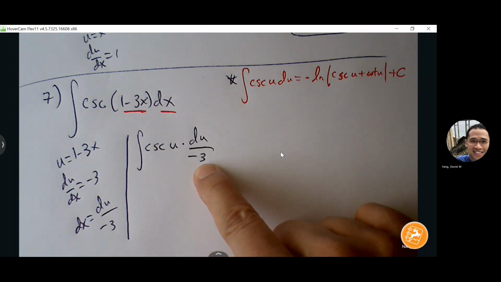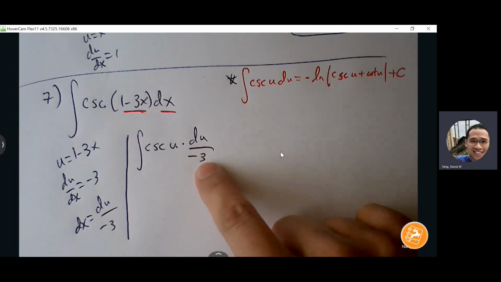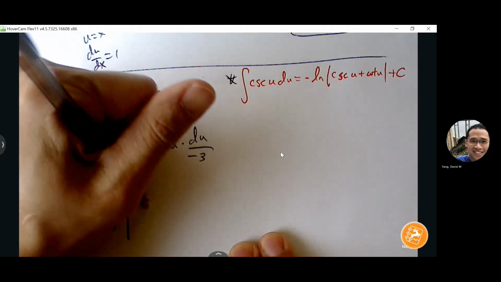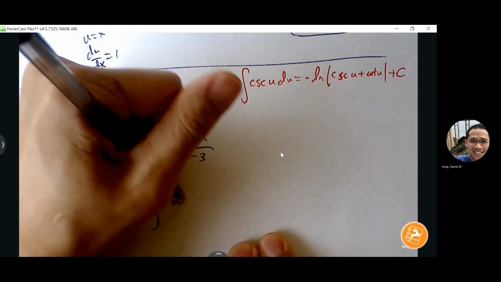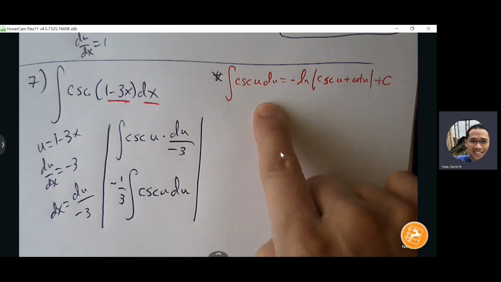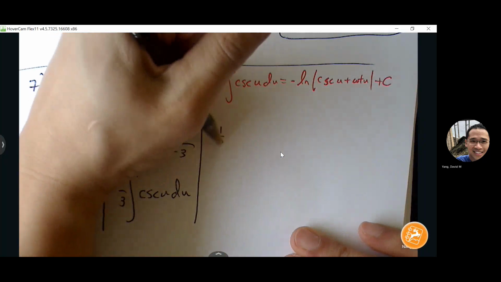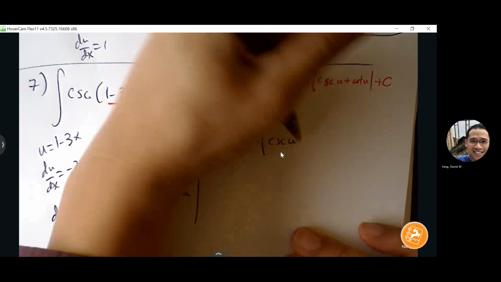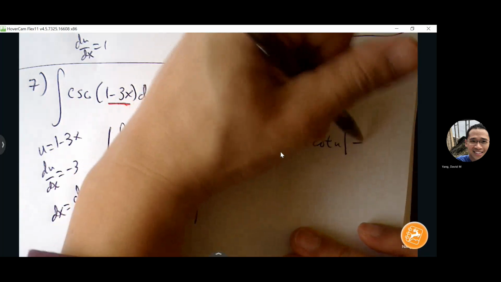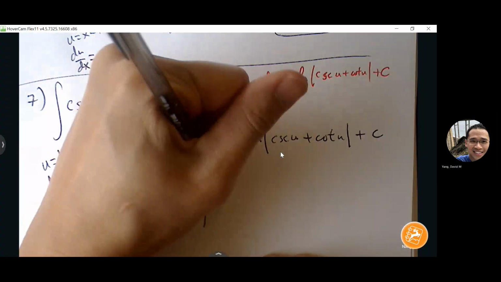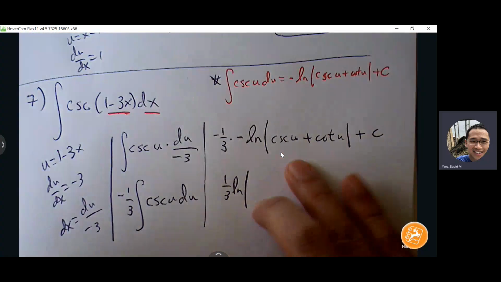No x to cancel out, but we have to keep track of this -3, so it comes out as what? -1/3. Perfect match. Let's apply our rule. Two negatives become positive, and then bring our x variable back.